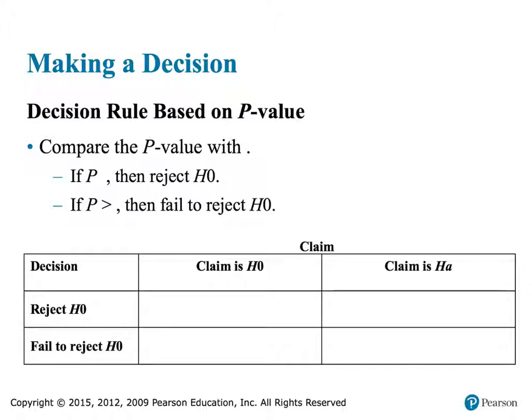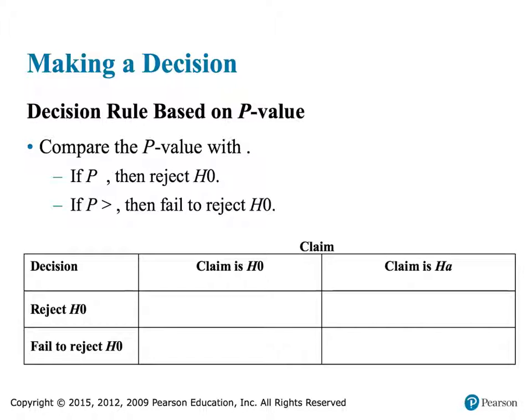So when we learn to conduct a hypothesis test in its full form, after we determine if it is a right-tailed, left-tailed, or two-tailed test, we'll be computing that p-value, that probability of being that far out or further if the null hypothesis is really true, and we'll use that p-value to make a decision, okay?